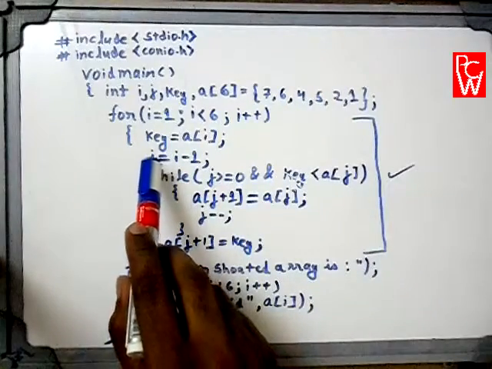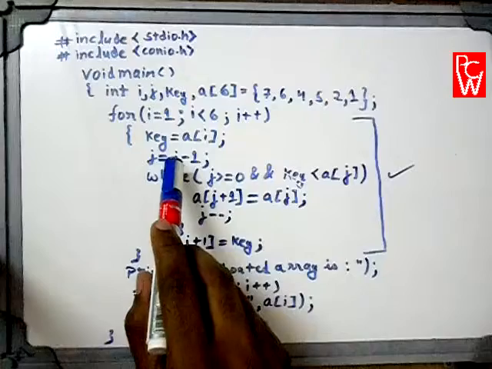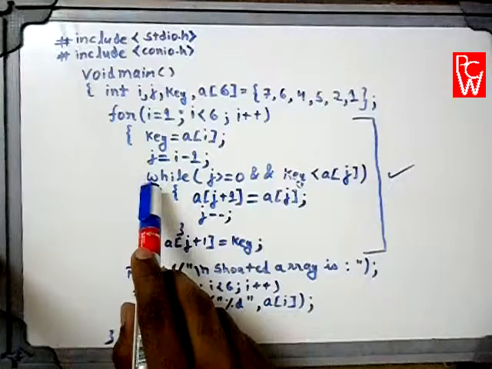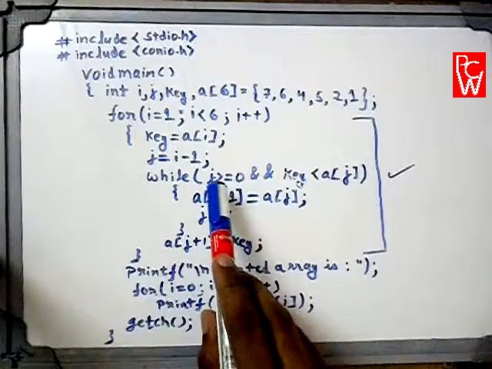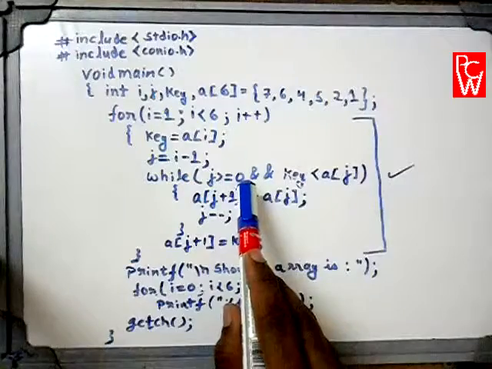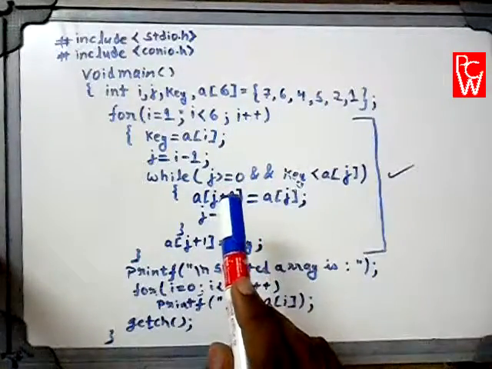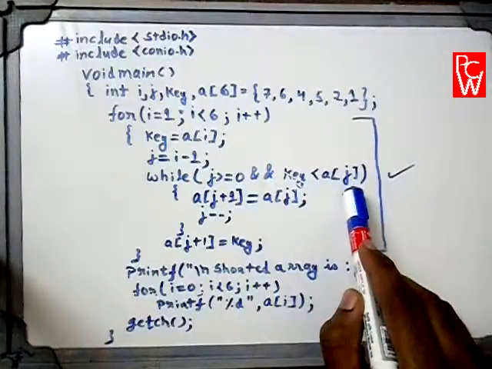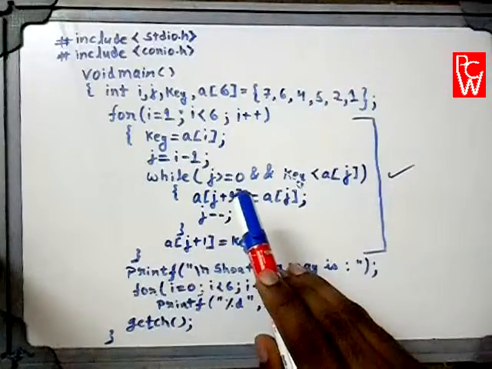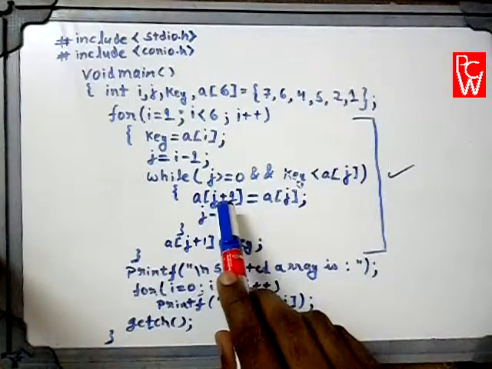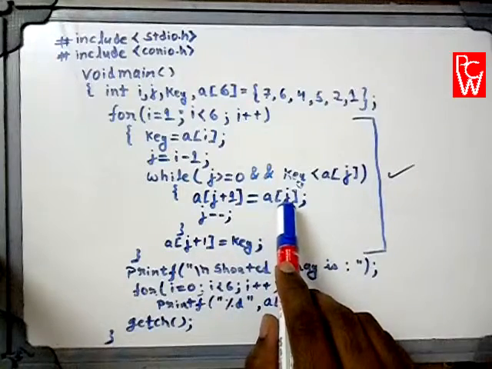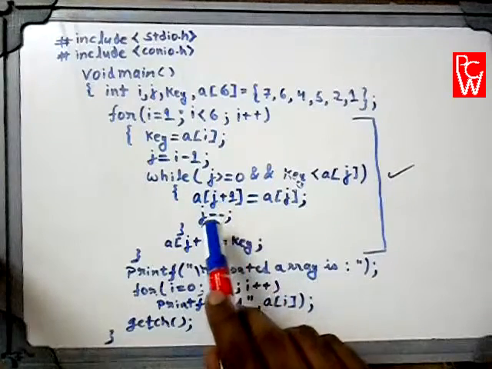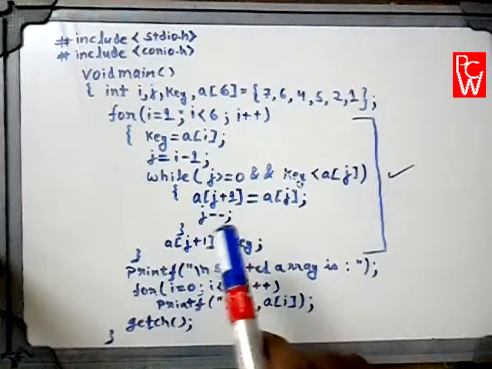I have assigned the value of j as i minus 1, that is, i is 1, 1 minus 1 is 0. Then we have checked the condition: if j is greater than or equal to 0, that is, at least one element is present on the left hand side, and the key element is less than the element present on the left hand side, then we have shifted the left side element towards the right hand side, meaning a of j is shifted to a of j plus 1 and the counter of j is decremented by 1.